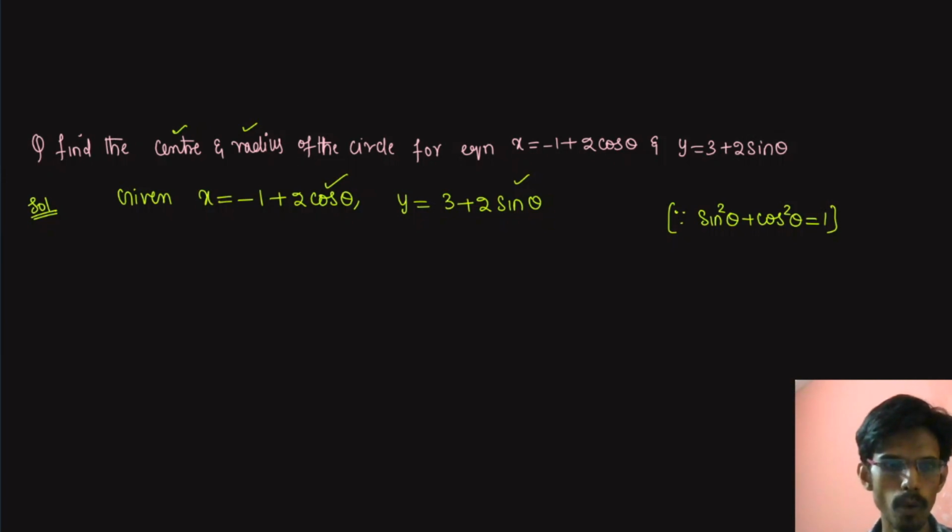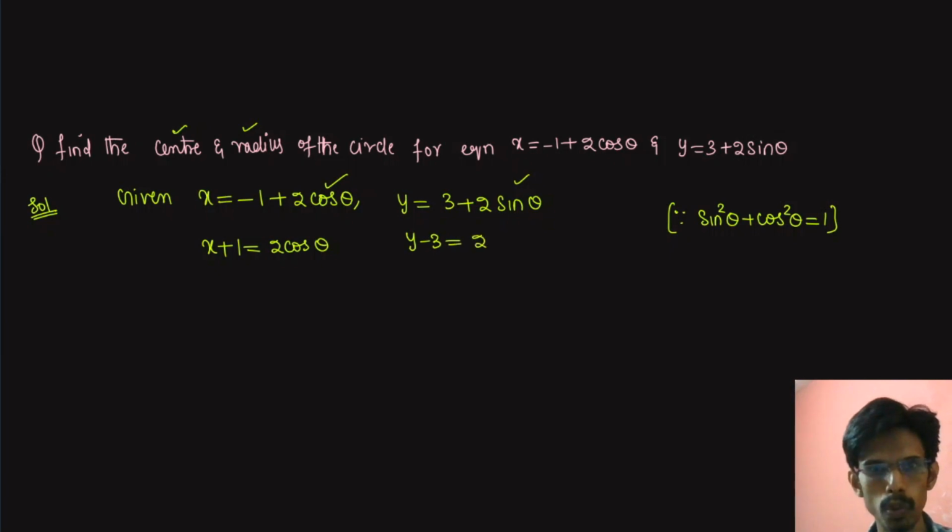First of all, I'll modify this as x plus 1 is equal to 2 cos theta, and y minus 3 is equal to 2 sin theta. Now apply squaring and adding, because we have sin square theta plus cos square theta as identity.